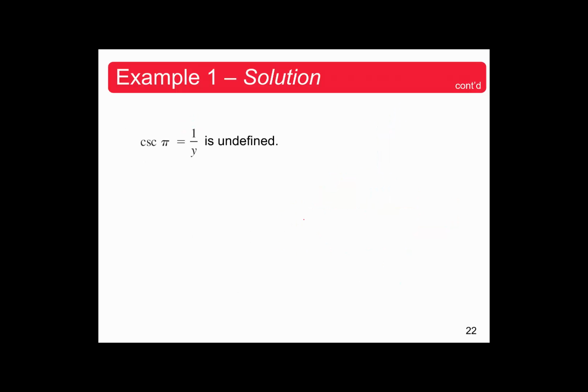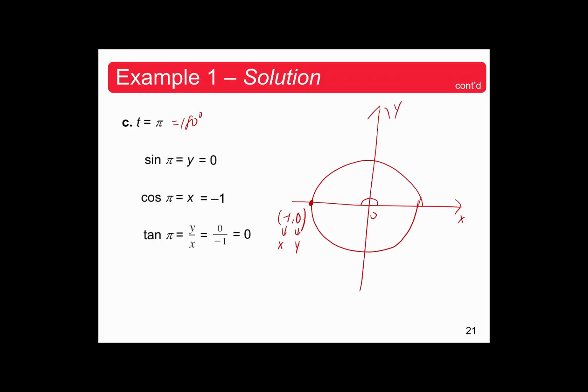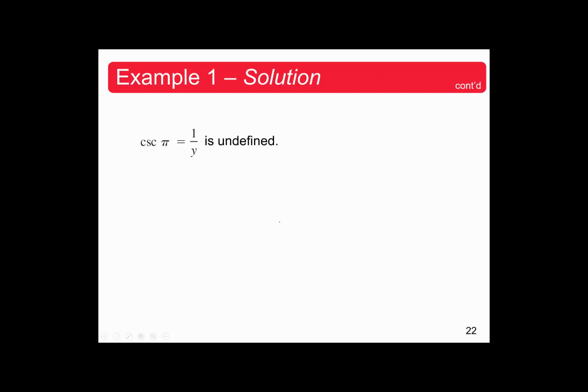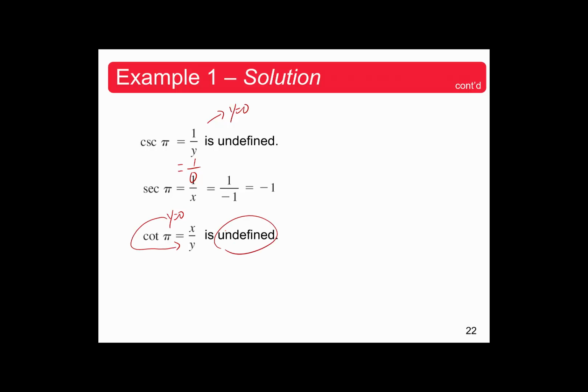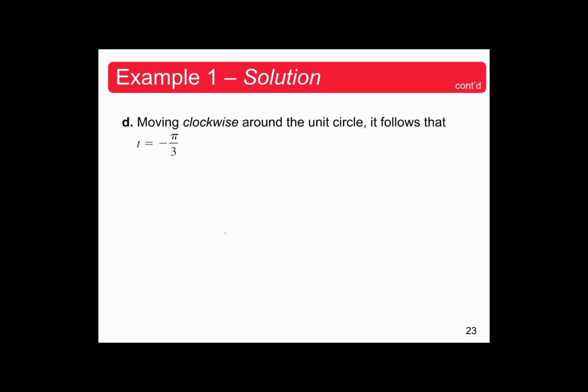And cosecant is undefined because it's 1 over y, and y is equal to 0, so it becomes 1 over 0, that's why it's undefined. Secant is 1 over x, is 1 over -1, that turned out to be -1. And cotangent pi, again, it's x over y. And since y is equal to 0, then it's undefined. And that's one of the special angles.